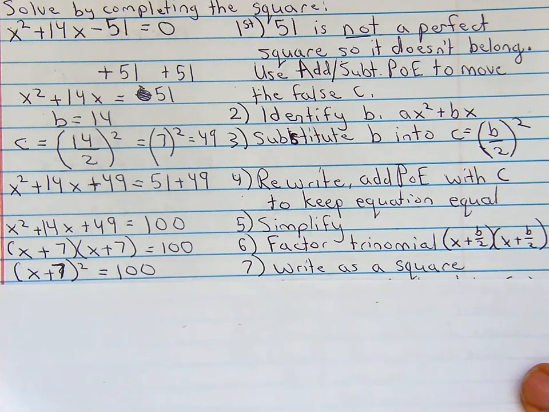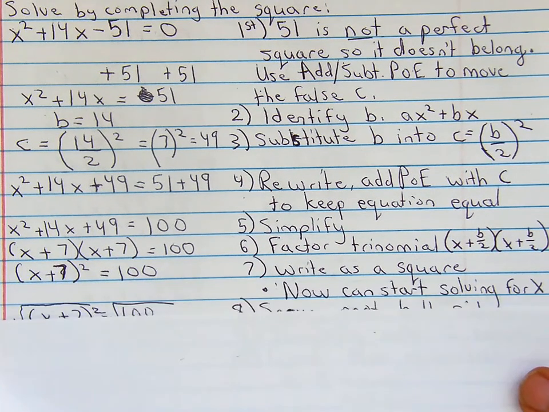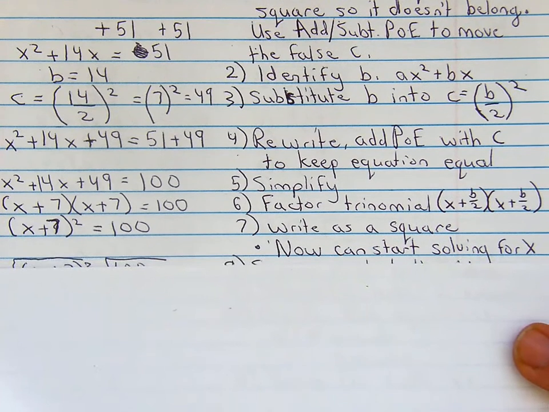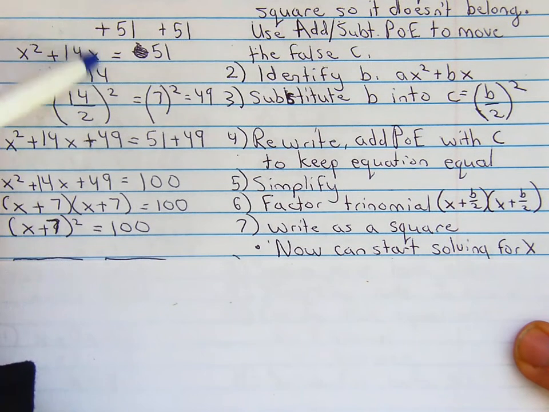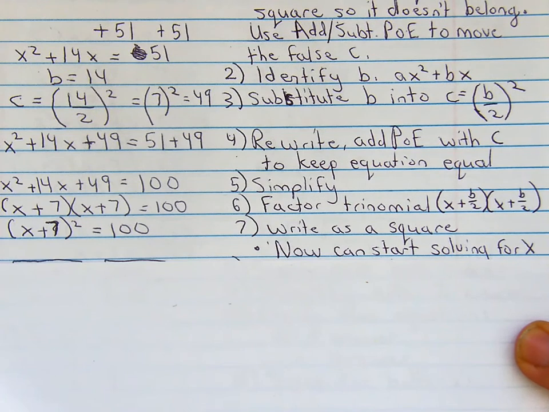Okay. So write as a square. So I'm just rewriting this as the square of x and 7. And now I can start to actually solve for x. Before, I was actually doing the whole completing the square, getting the C substituted in, and now I can actually solve.